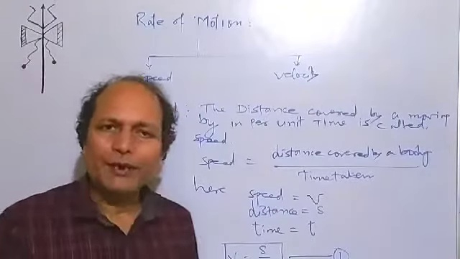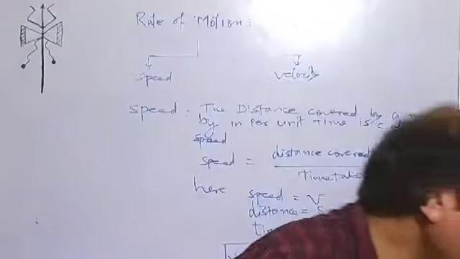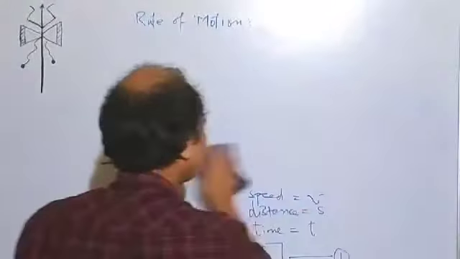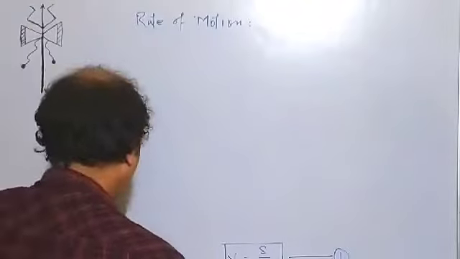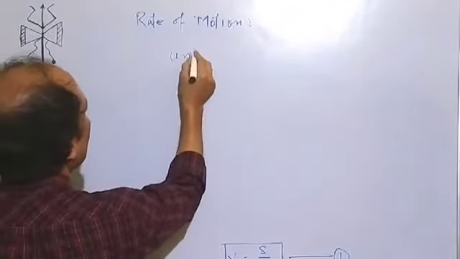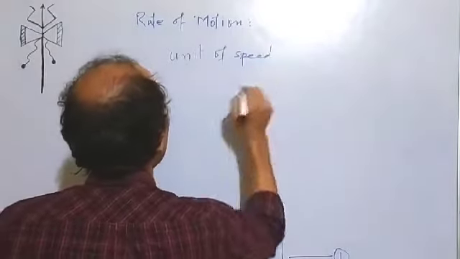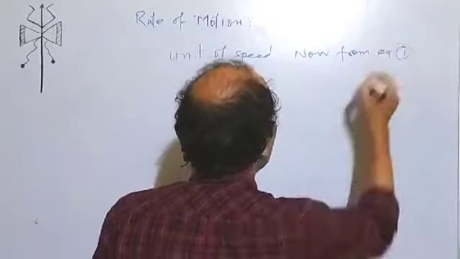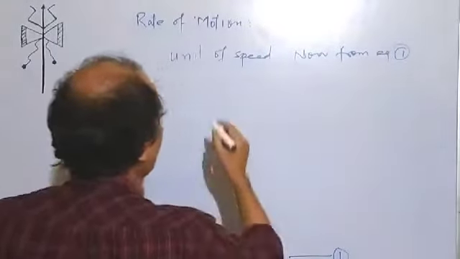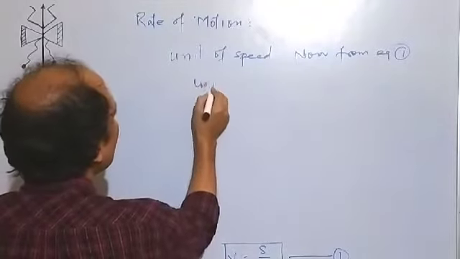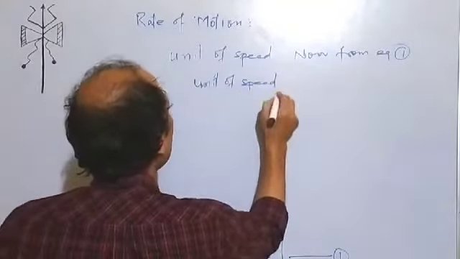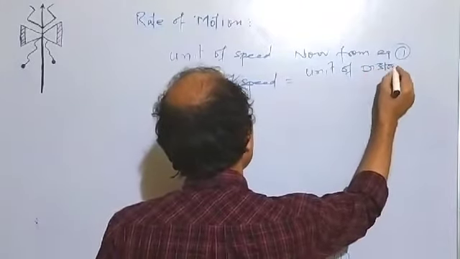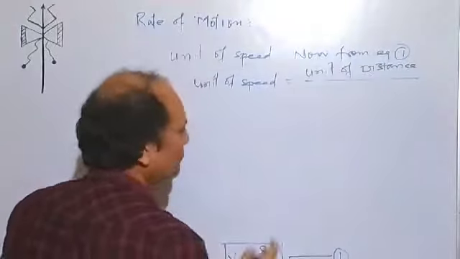After that, now unit of speed. From equation 1, unit of speed equal to unit of distance upon unit of time.